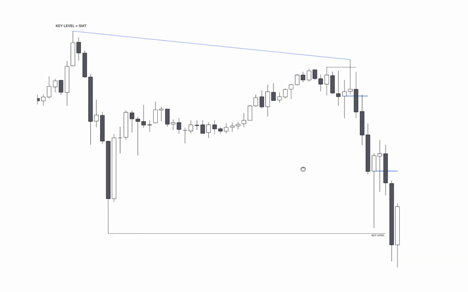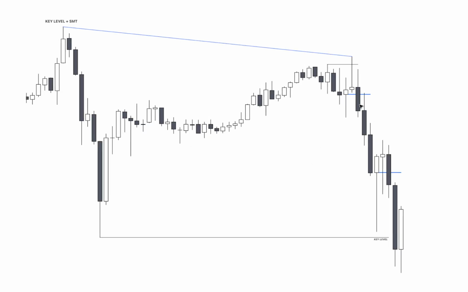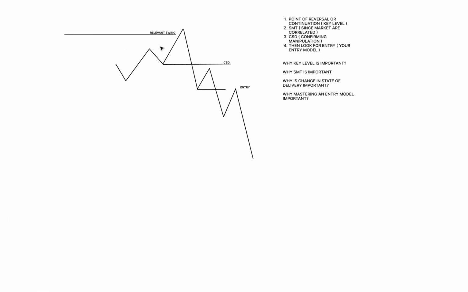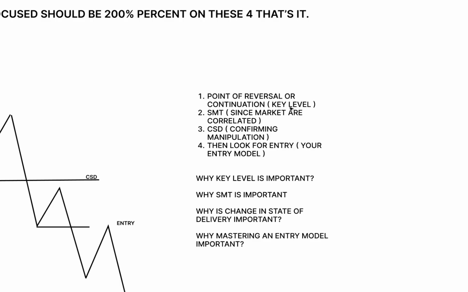Now, if you want to know more, that's the problem. You get an easy strategy, but you want complexity. But you can have complexity. You can deal with it yourself, you know. But, like I said, all you really need is a key level. You need a key level.